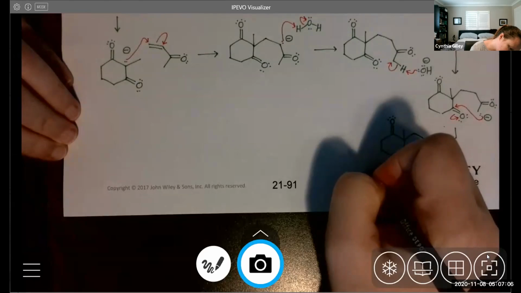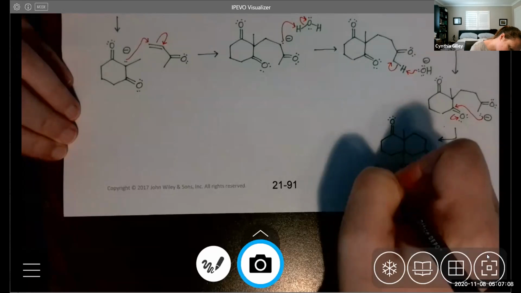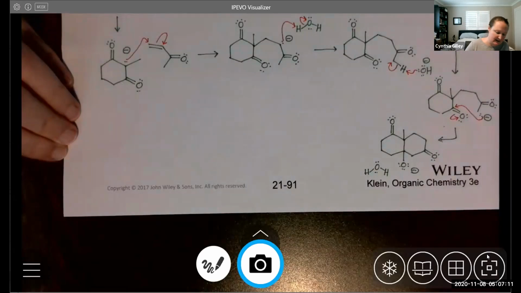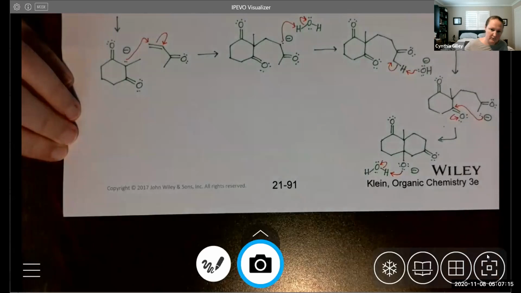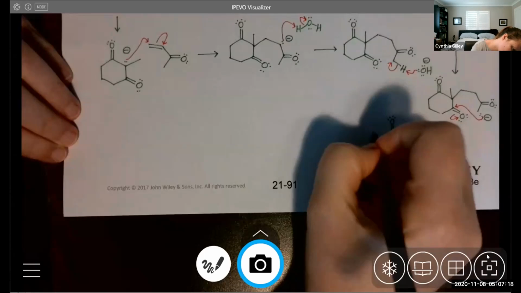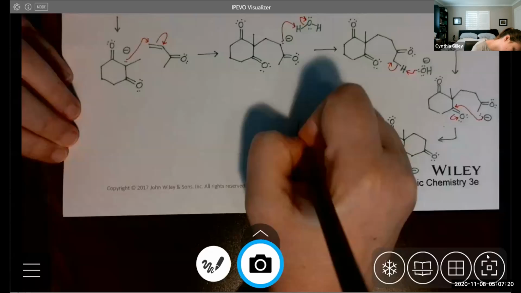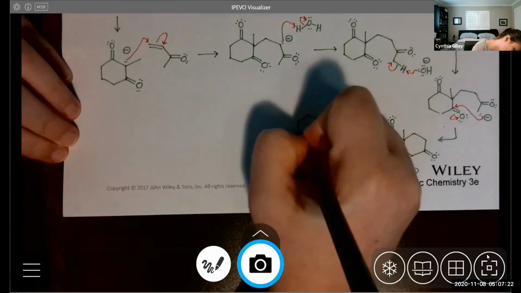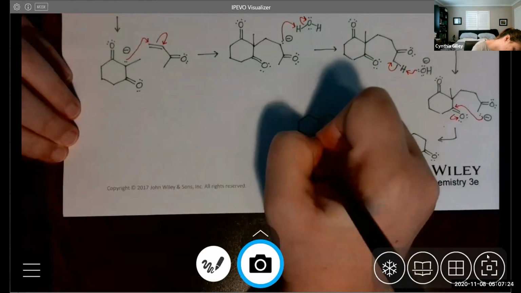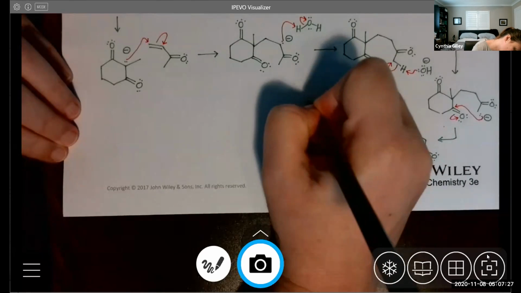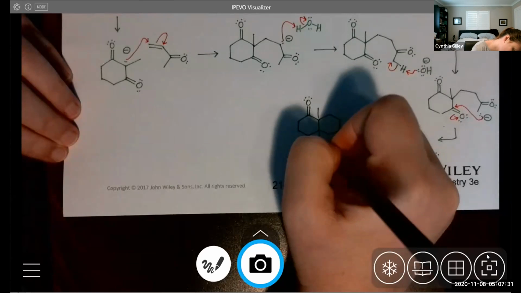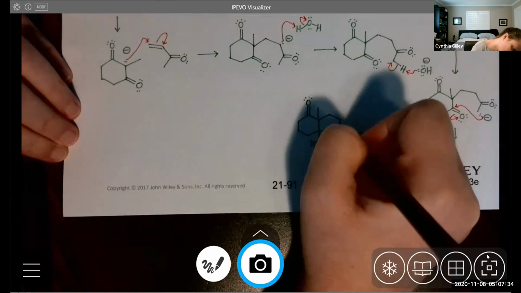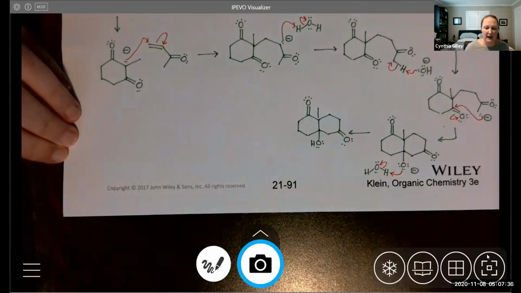I'm going to go ahead and draw in some water, show proton transfer. Okay, and now we're ready to do the condensation part.